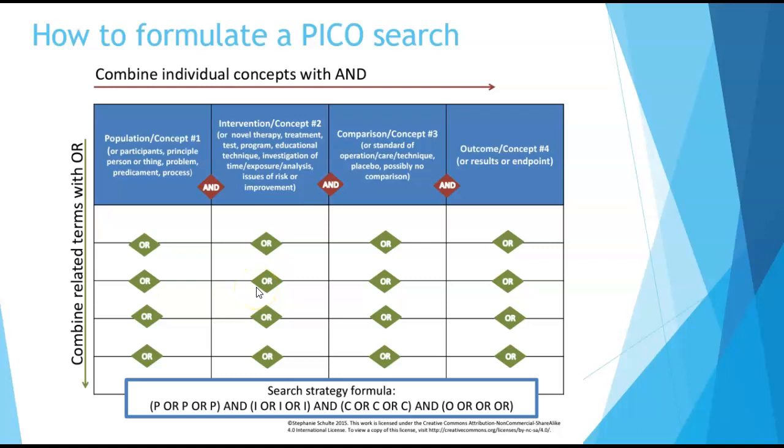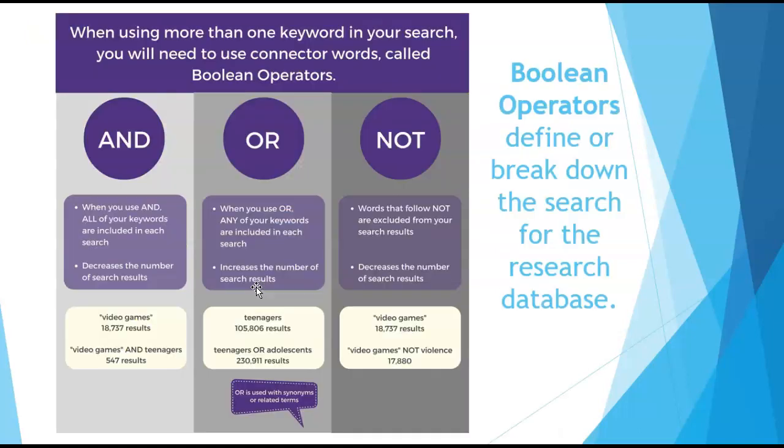So when you're using these Boolean operators, it helps direct the research database, that discovery service that we're using with EBSCO, on how to best find articles that are going to help answer your PICO. So here's a little slide that talks about Boolean operators. When you're using the term and, it limits the results that you get.